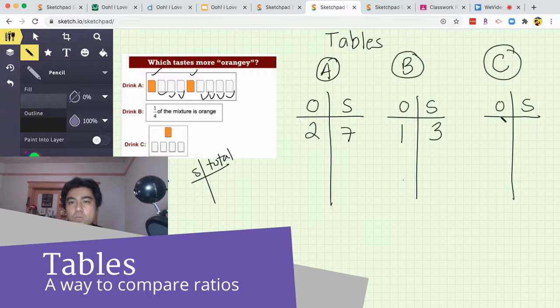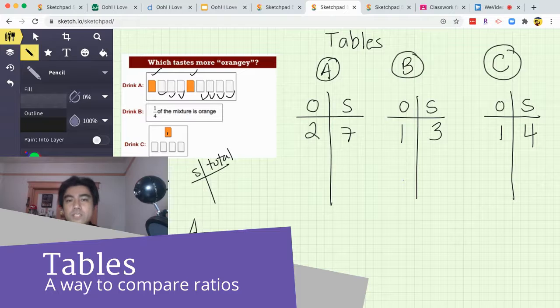Just make sure 1 orange and 3 soda. Okay, cool. Now for drink C, it is 1 orange for every 1, 2, 3, 4 soda. Okay? Now we're going to compare and see which drink is the most orangey, okay?